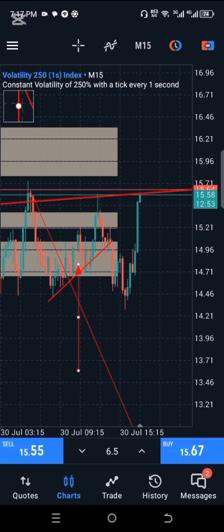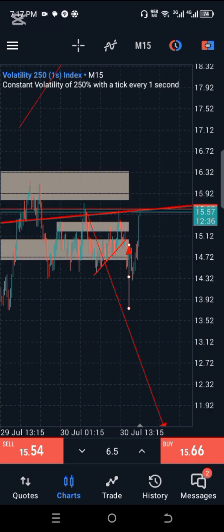So I noticed the Quasimodo here. If you draw a trend line from here to here, then from here to here, that's a Quasimodo. Then looking at this order block again here, I thought, you know what, it's surefire. Now price is gonna have to move lower.